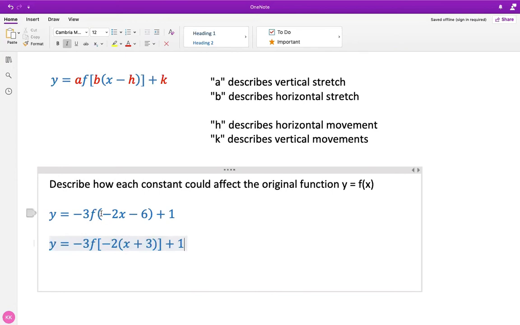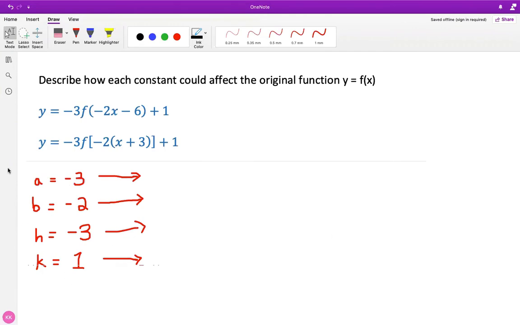If I factor out -2x minus 6, I would get -2 bracket x plus 3. At this time, we see that the b here matches with the -2, and the h here is matched with the plus 3. Because the 3 is inside the second level of the parentheses, this h is equal to 3. So now I have this number right here.